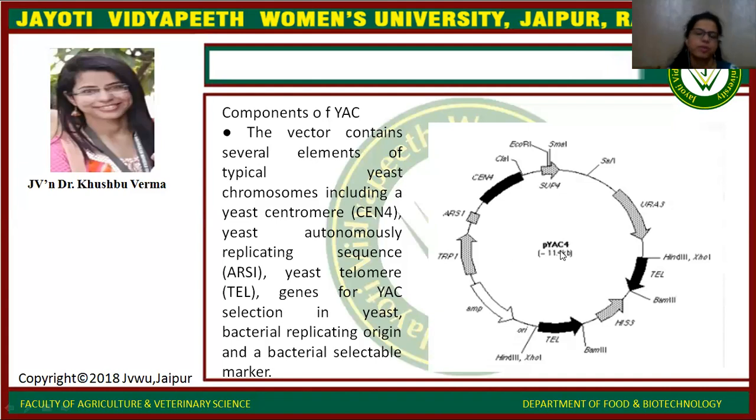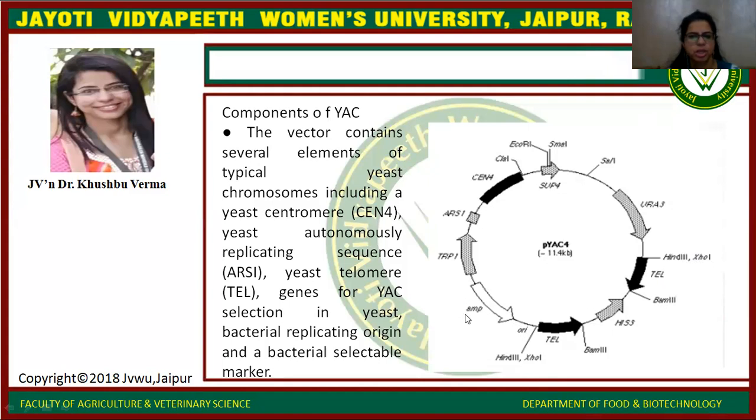Here is the example of YAC vector, which is pYAC4, which is 11.4 kilobase. Here you can simply see this is the HindIII EcoRI cutting region. This is TEL region, which is yeast telomere region. This is TEL region, and in between them BamHI cutting region, HindIII EcoRI cutting region.